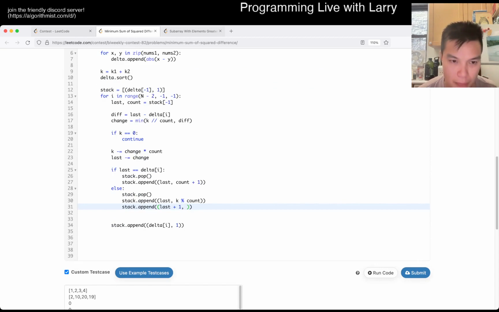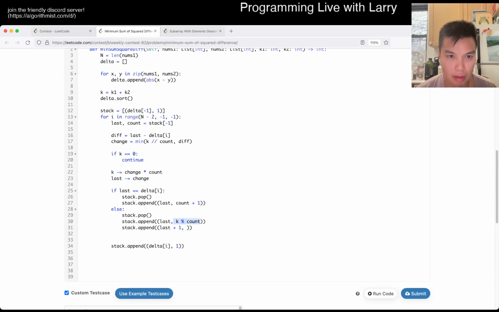Okay. Change count is the number of count, so this should be roughly right, but this is probably not actually right though.